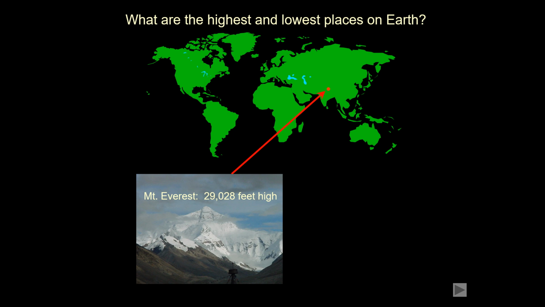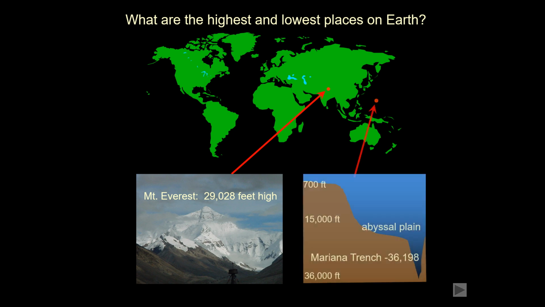So 29,028 feet above mean sea level. We know that is located in the mountain range called the Himalayas in Asia. And then the lowest place, maybe you might not be quite as familiar with, the Mariana Trench, located about 36,000 feet deep, and that's in the Pacific Ocean. So that's our highest and lowest places on Earth.